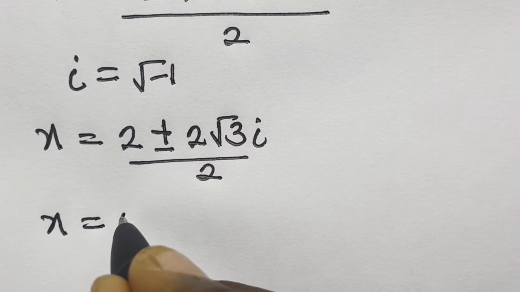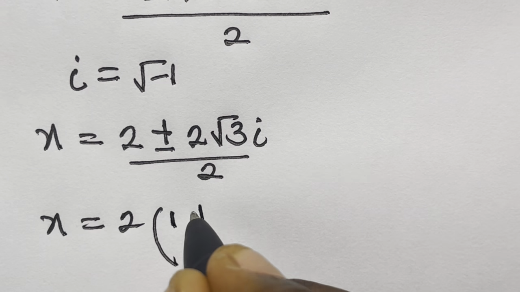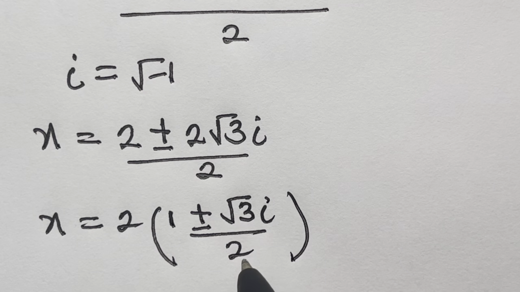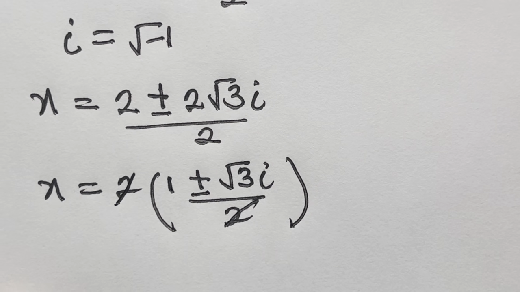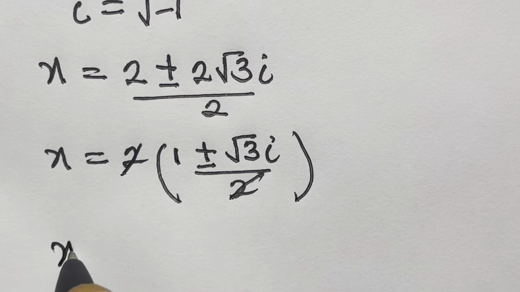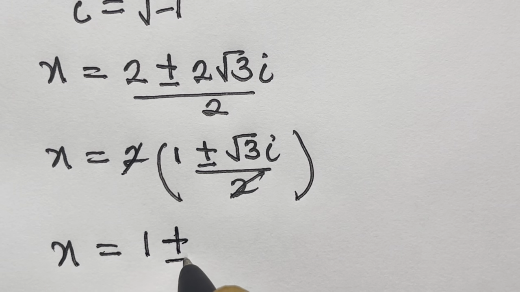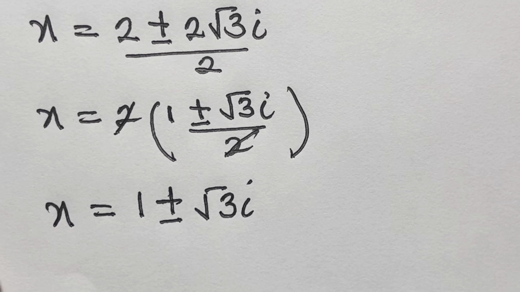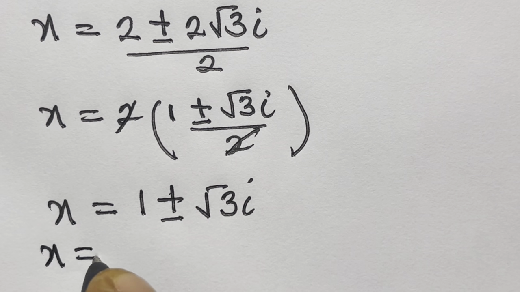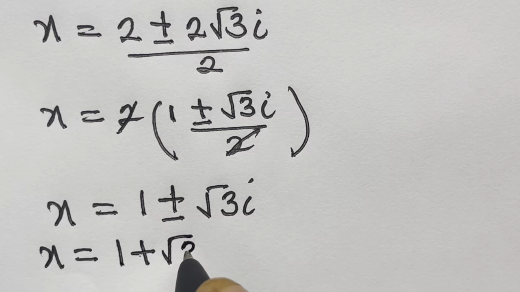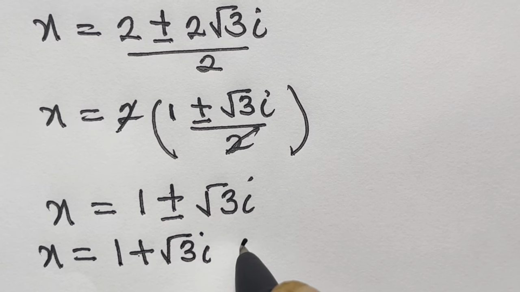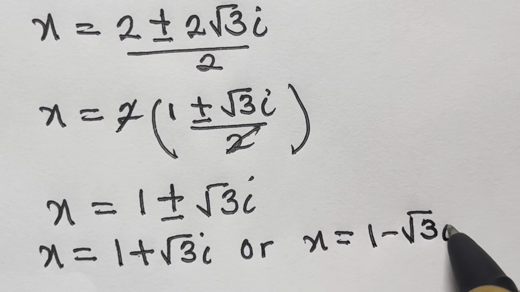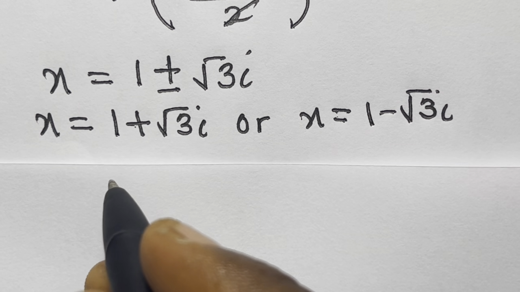We can easily factorize 2 out here. So we have x equals 2, what we have left here, 1 plus or minus square root of 3i, divided by 2. This will cancel this. So we will have x equals 1 plus or minus square root of 3i. From here, you can declare that x equals 1 plus square root of 3i, or x equals 1 minus square root of 3i. Let's collate all the solutions we have.